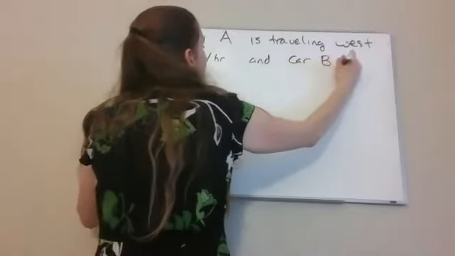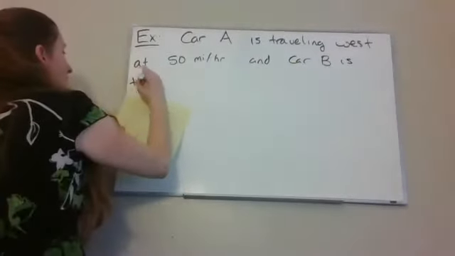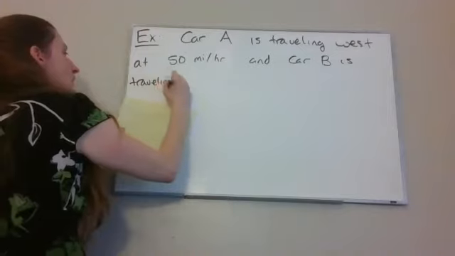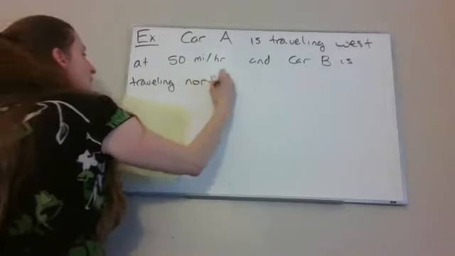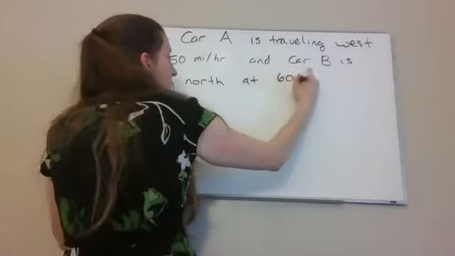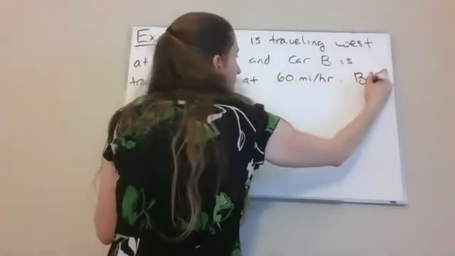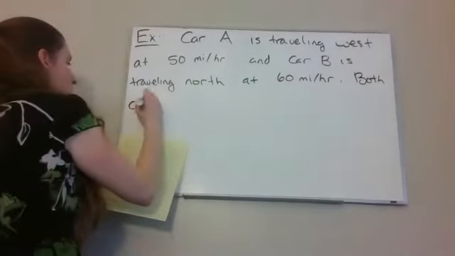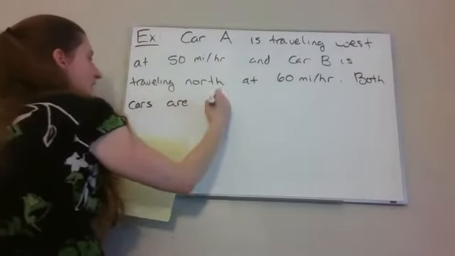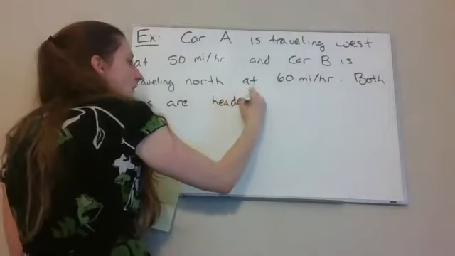And car B is traveling north at 60 miles per hour. Both cars are headed to the intersection of the roads.